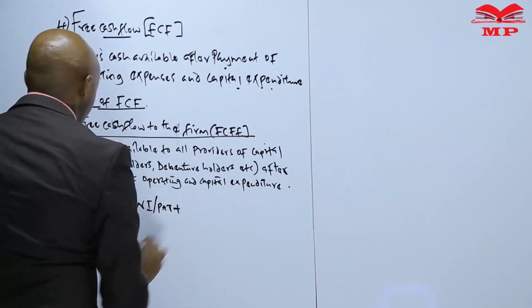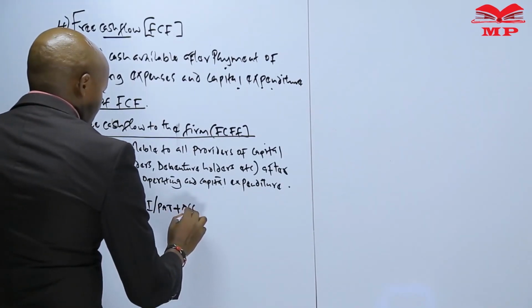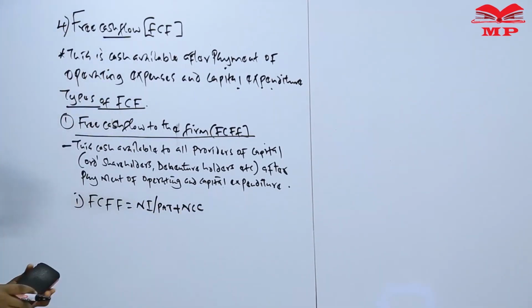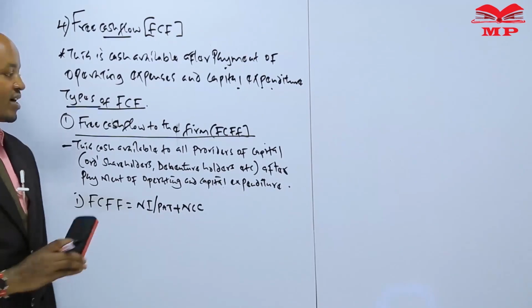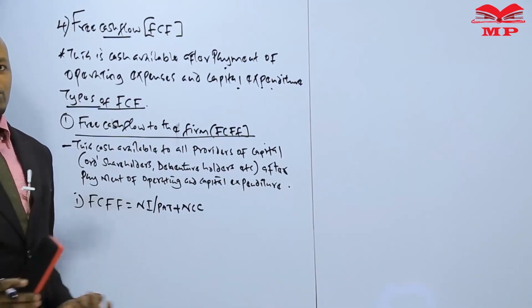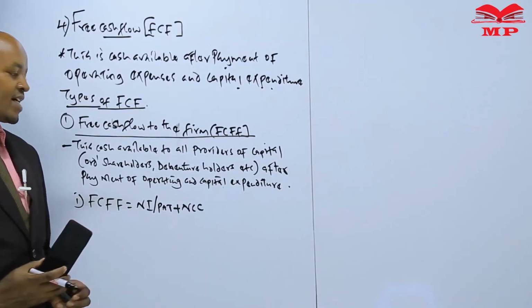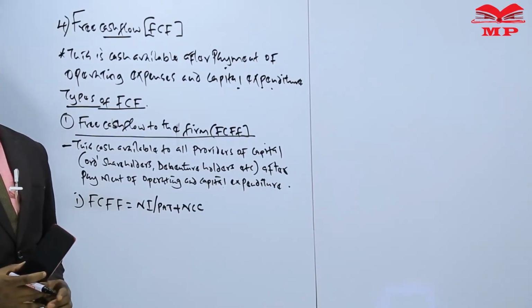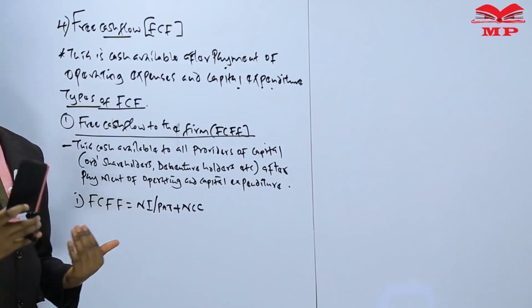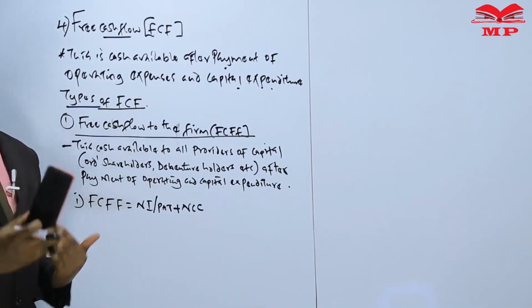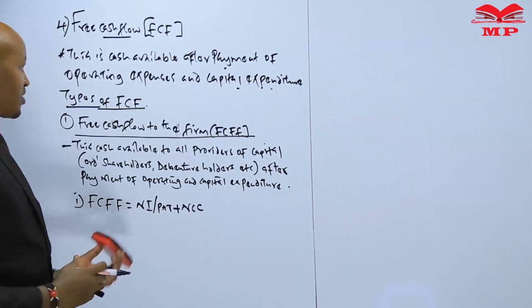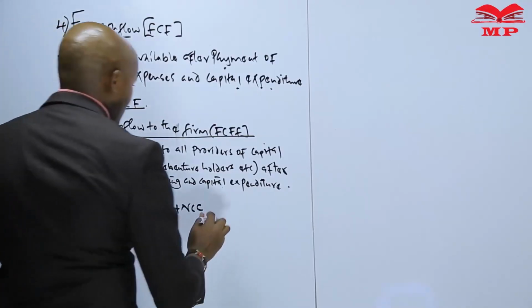To that we add the NCC. When we talk about NCC here, we are talking of the non-cash items. Hope you remember what we said in our first class on the introduction to cash flow. Non-cash items basically refer to those items which do not entail movement of cash, e.g. depreciation, amortization, gain or loss on disposal.